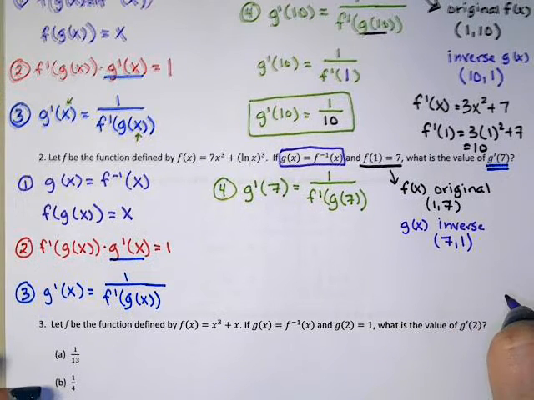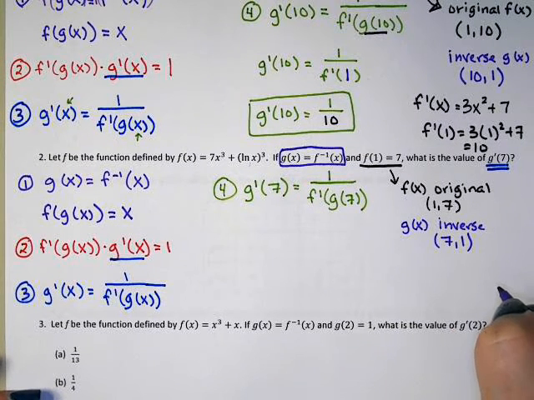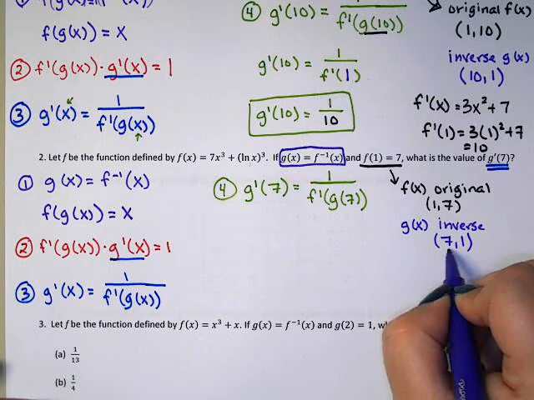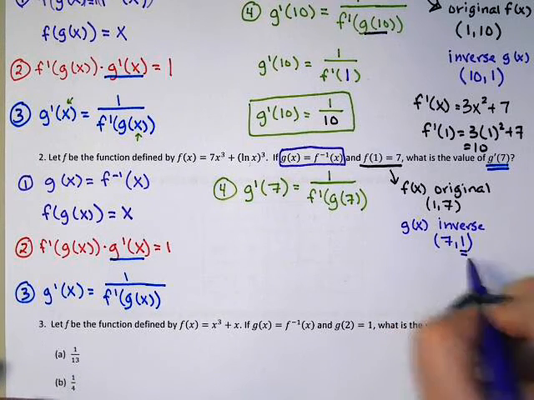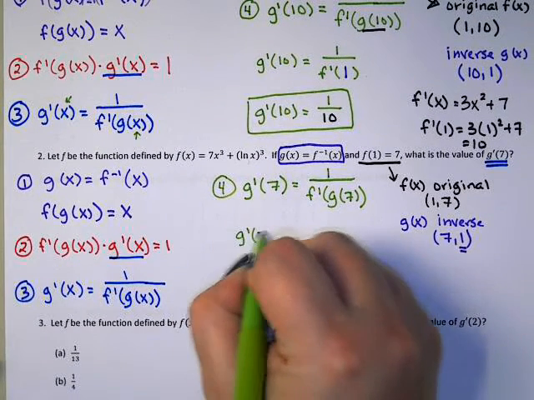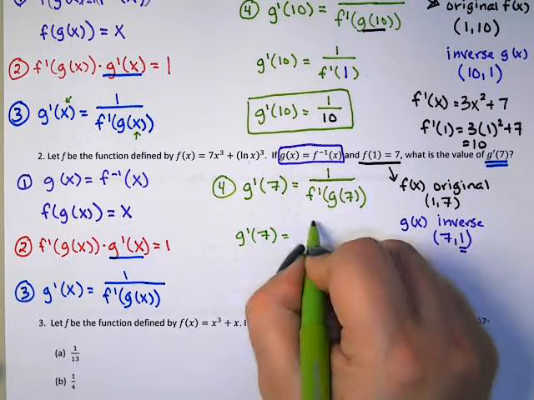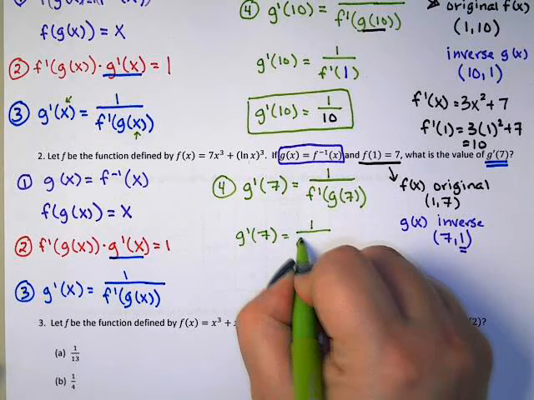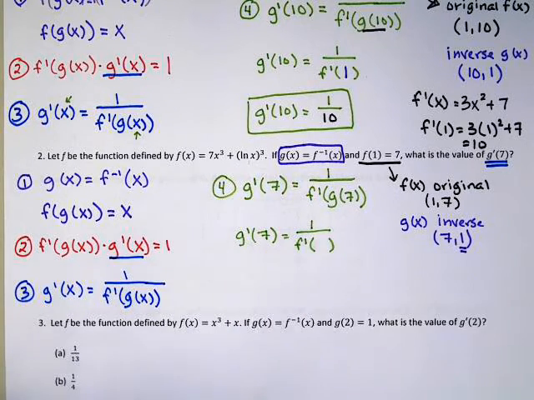My input and output switch when I look at inverse functions. So that means that g of 7 is actually this value 1. So g prime of 7 is going to equal 1 over f prime of 1.